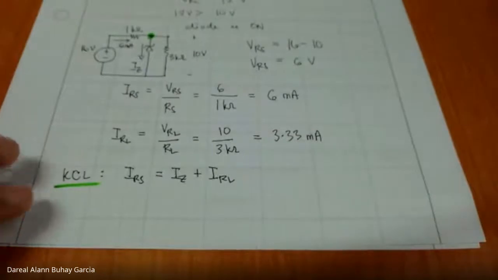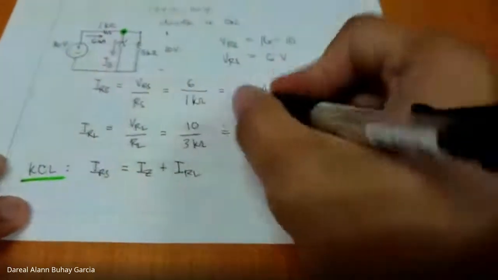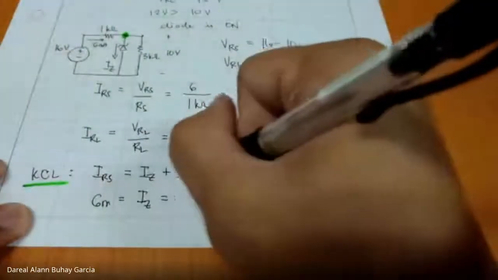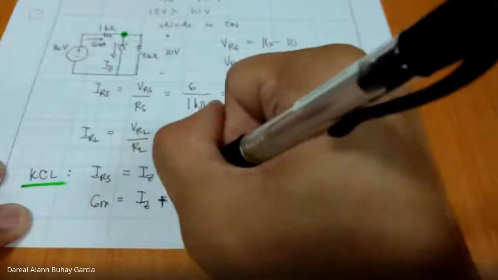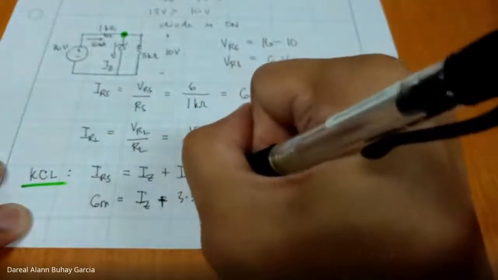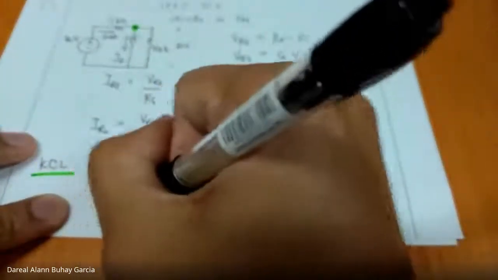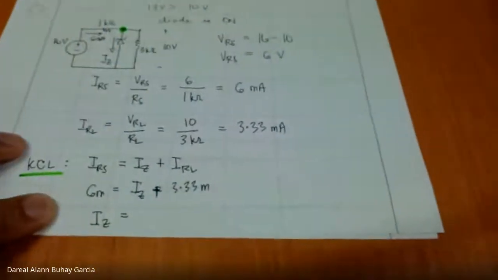Sakto? So 6 milli is equal to IZ plus 3.33 milli. So IZ is equal to 2.67.